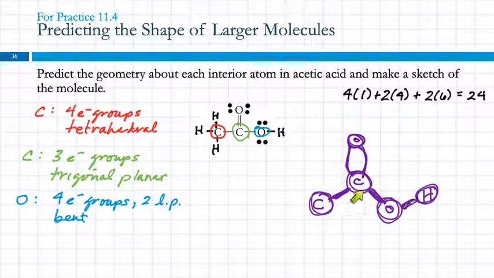So this angle here, a little less than 109.5. This angle, a little less than 120. But it's not really asking us that. Then this carbon is tetrahedral. So I've got one here. I can draw another one kind of down here that's in the plane.